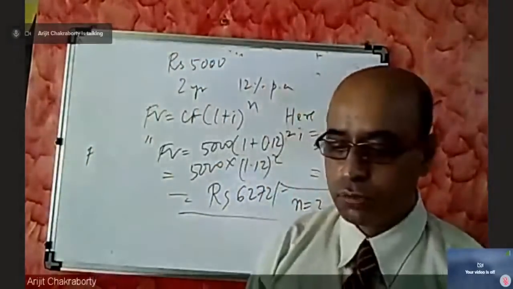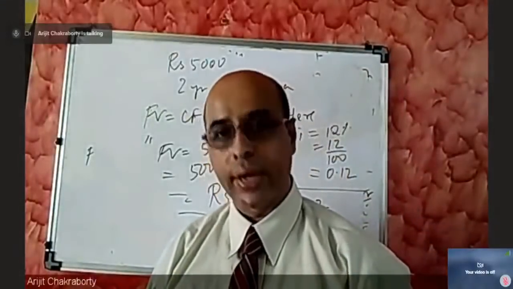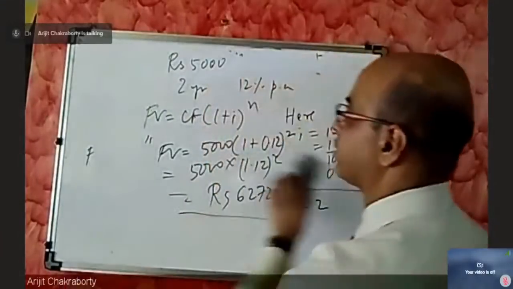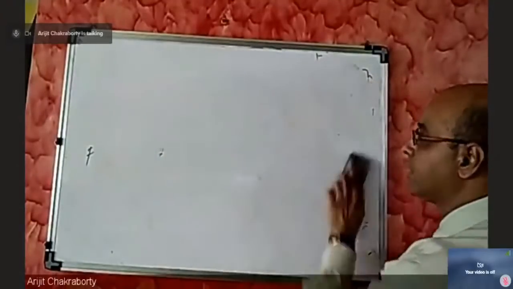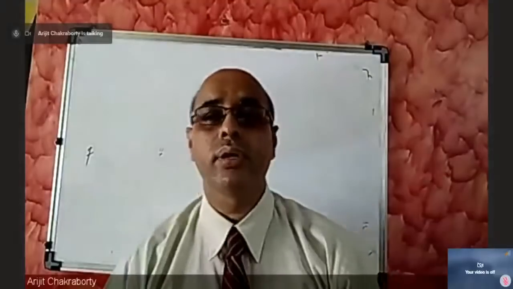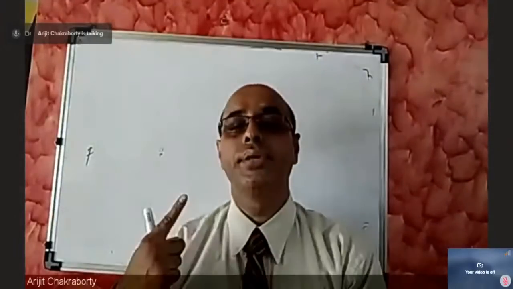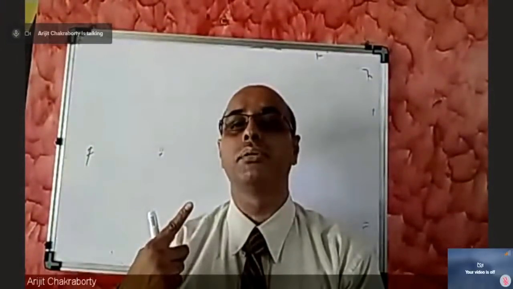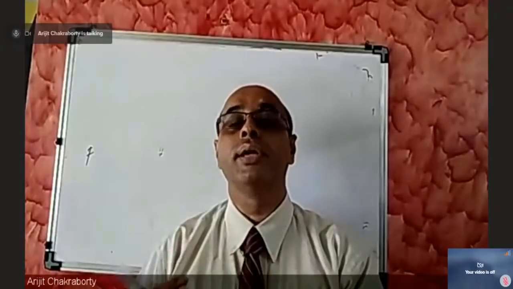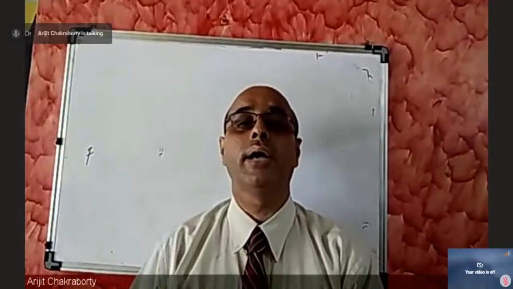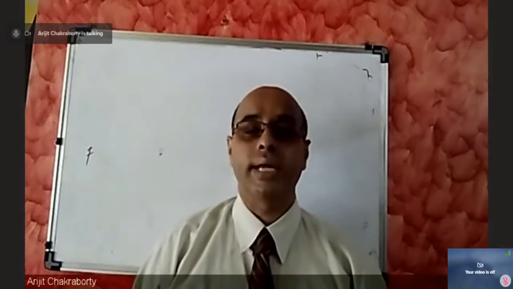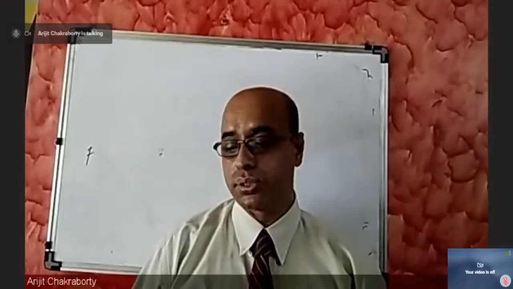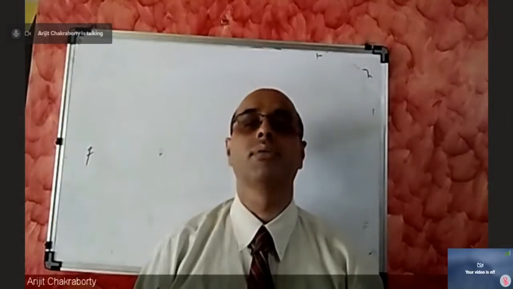Now we proceed to one numerical on annuity regular. I think this is fairly easy now. For a quick recap, we have done the equivalent rate of interest, ERI or EIR, the equivalent interest rate. And then we have also discussed in detail the types of annuities.